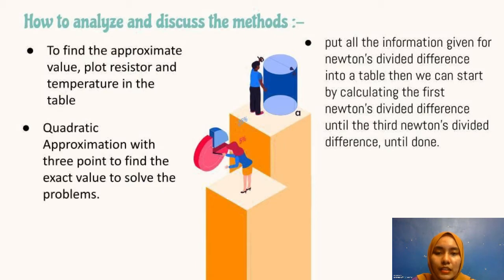When it is done, lastly, we put all the results of the Newton divided difference that have been calculated into the table and refer to the completed table and substitute the data in the formula. That's all from me. I will pass to my friend. So thank you.